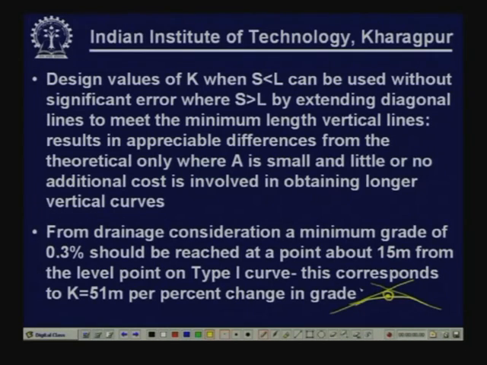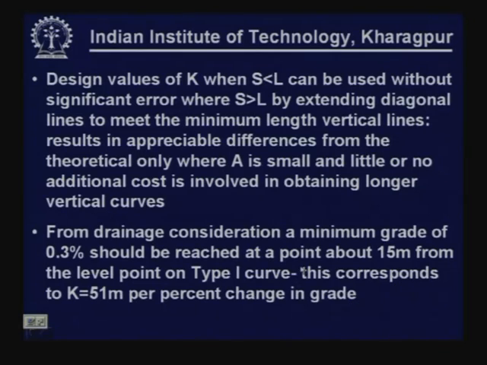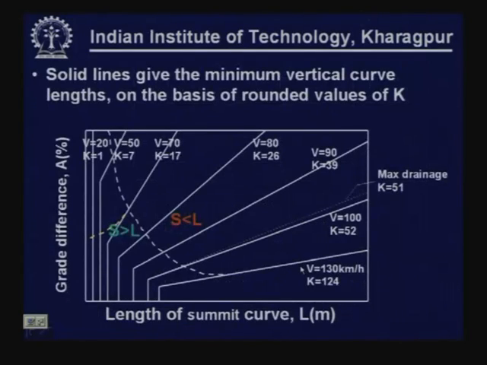Now, this corresponds to a k value of 51. Let us go back to that exhibit. You can see here this k equal to 51 is also shown as a dotted line.